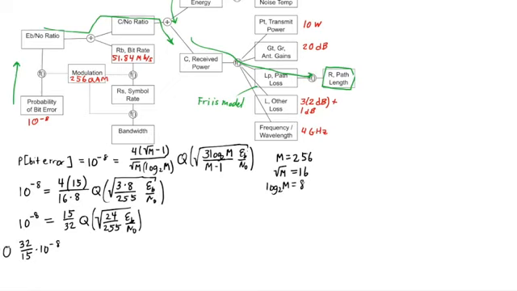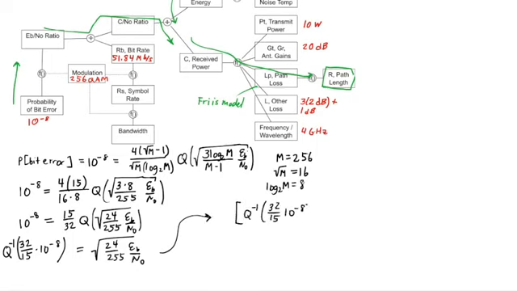And then I'm going to take the inverse of the Q function, and then I'm going to square both sides. And then multiply by 255 divided by 24.